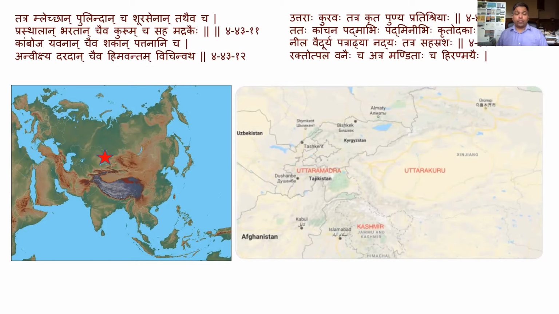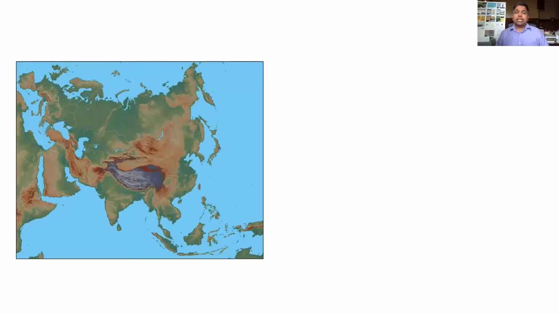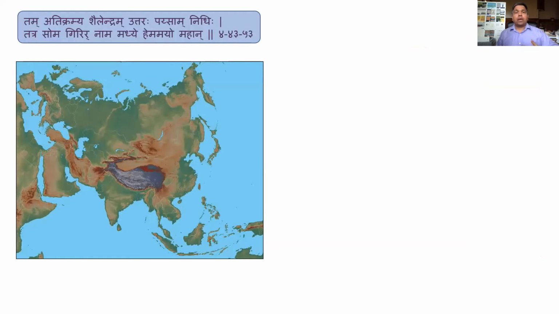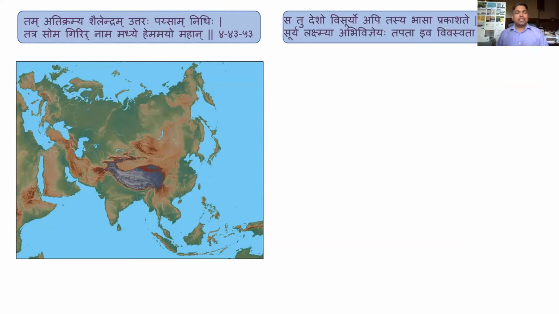That was Uttara Kuru. But what is interesting is then Sugriv describes the geography all the way to the Arctic Sea. For example, he says, Tam atikramya shailendram uttara payasam nidhi. Okay, that is the Uttara Samudra. And what is interesting, it says that although that place is filled with darkness, now that's not true 100% of the time.